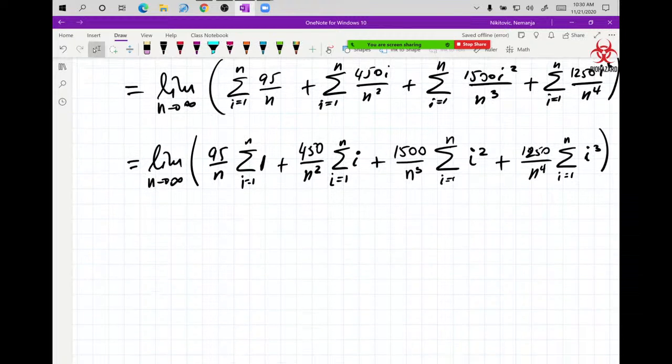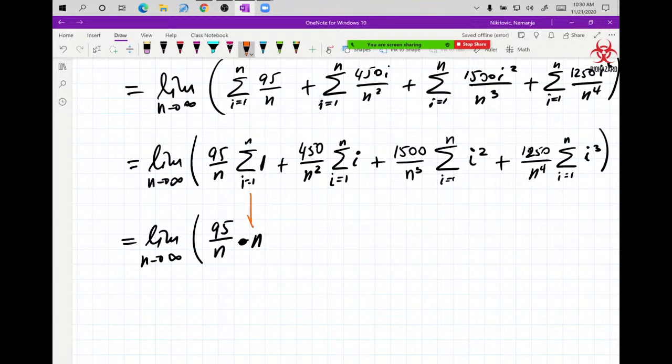All right, it's time for us to get all of those summations out of the picture and compute them. So you get 95 over n times n. That's this one. Then you go to plus 450 over n squared times n plus 1 over 2. That's that one.